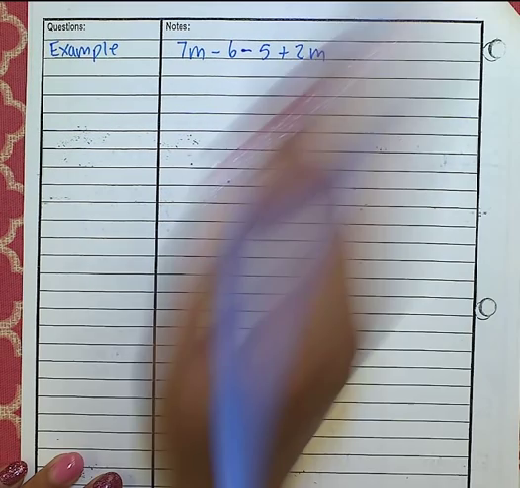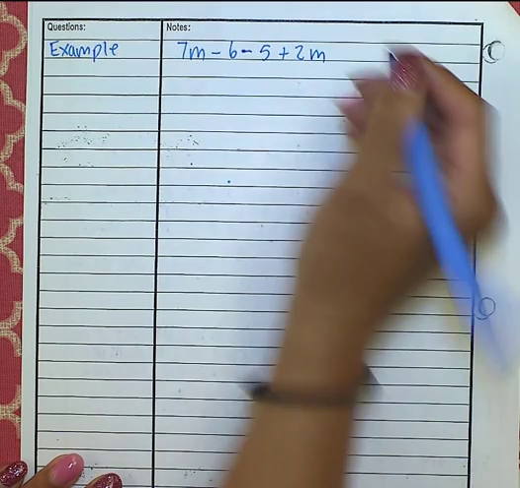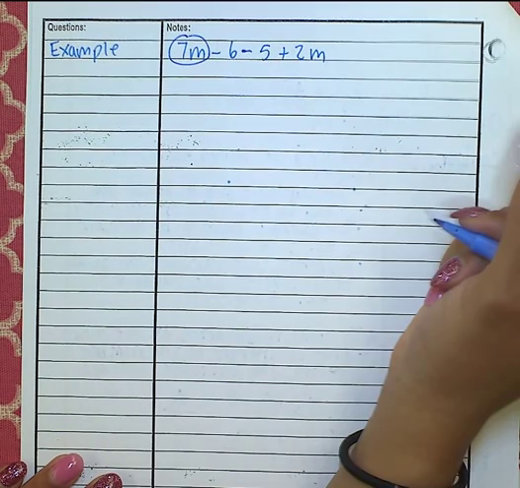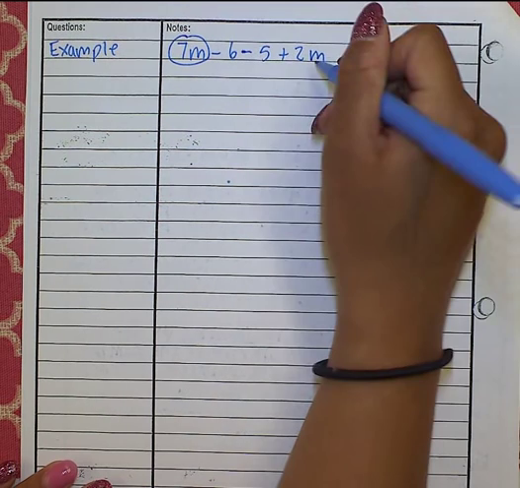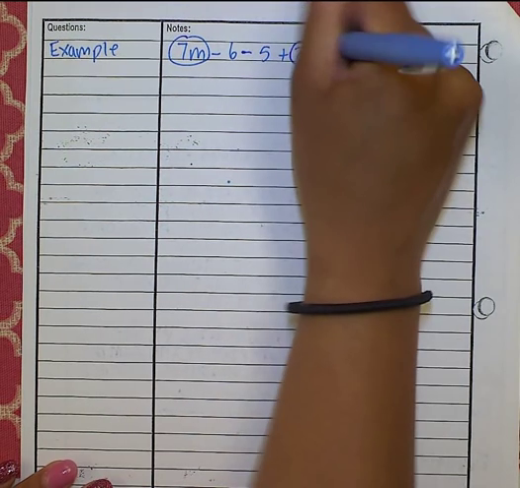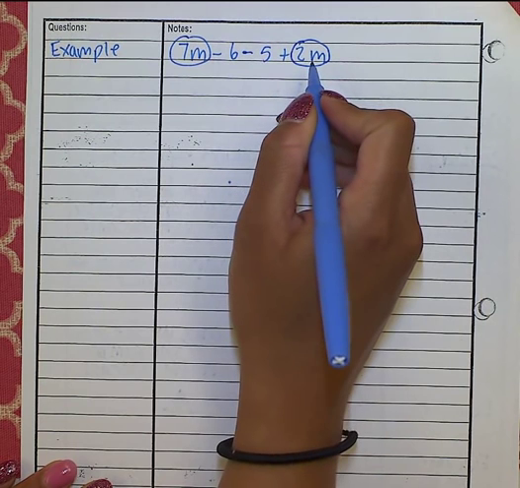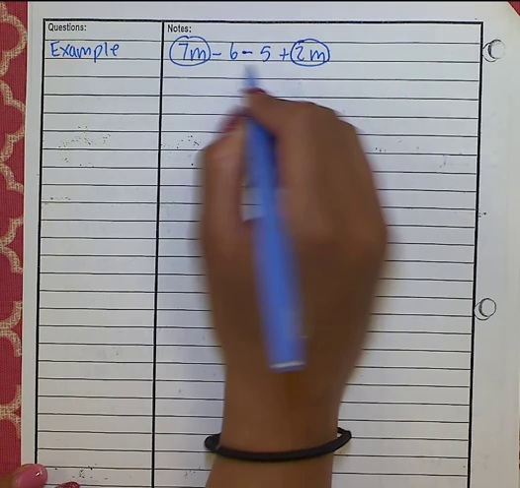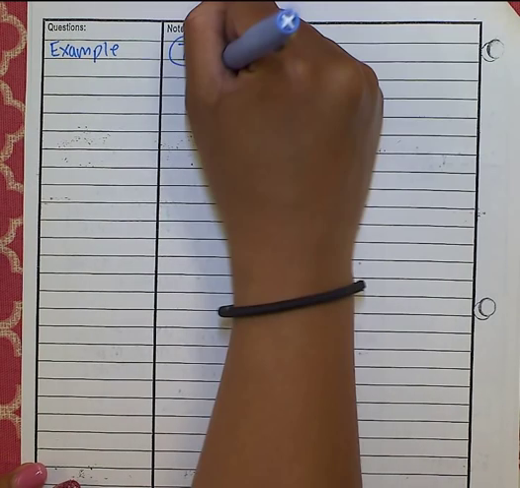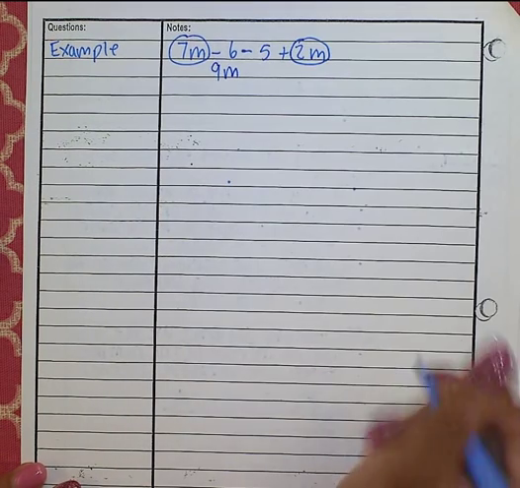So now I'm going to circle my 7m. I look to see what else it can be combined with. I see this 2m to the side. 7m and 2m have the same variable and the same exponent, 1 or no exponent. So 7m plus 2m is 9m. And then I look at what's left.